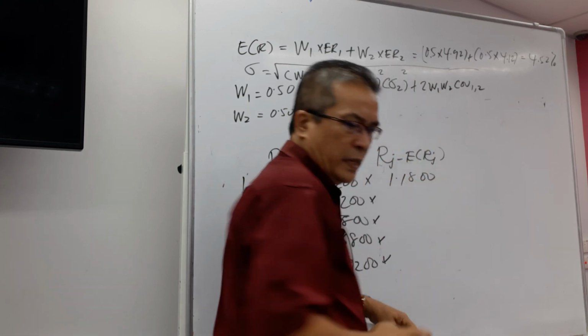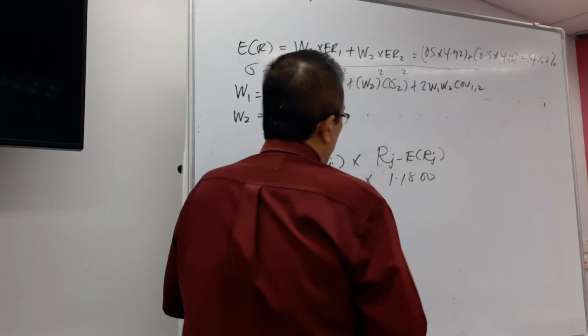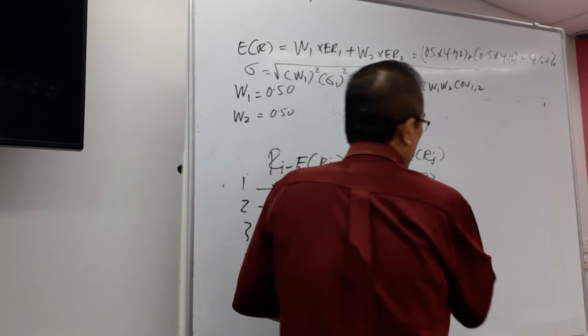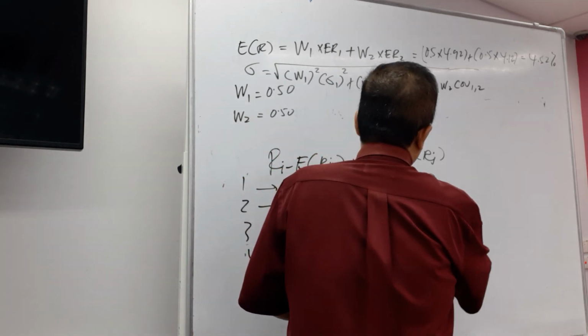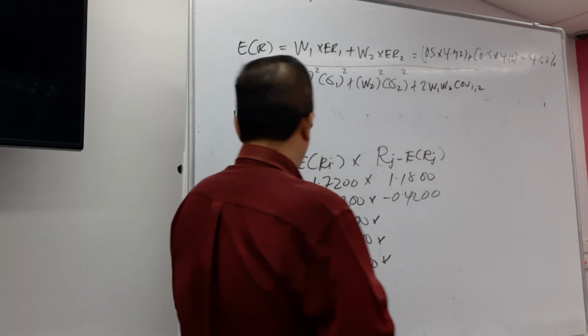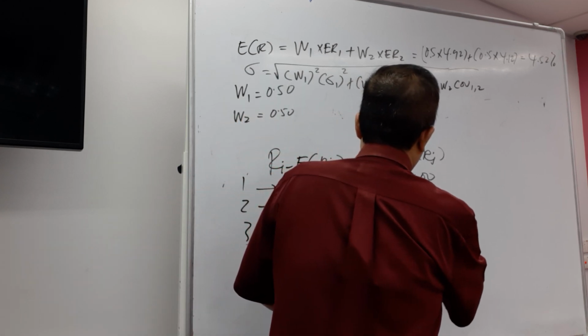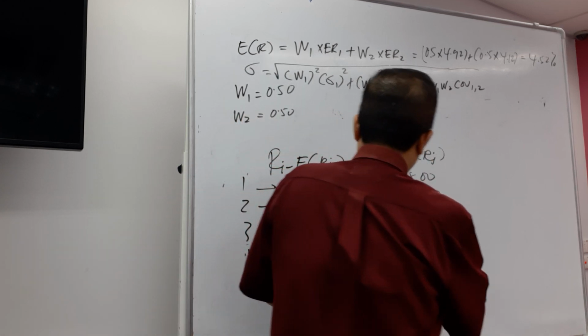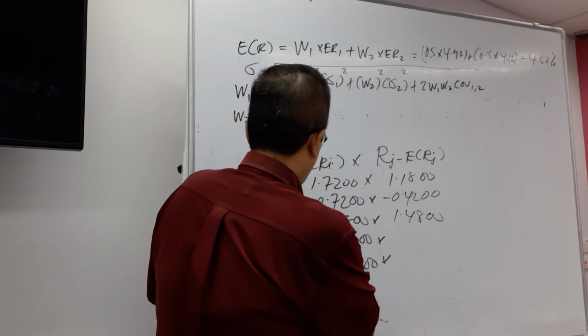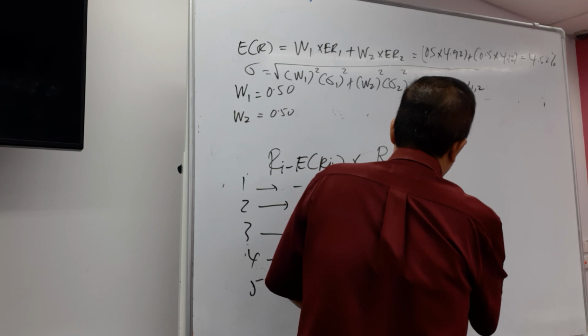1.1800, and the other one, negative 0.4200. The third month, 1.4800. The fourth month, 0.0800.